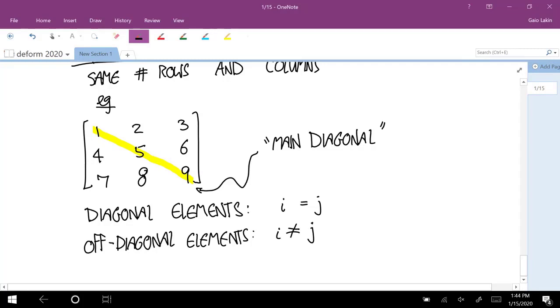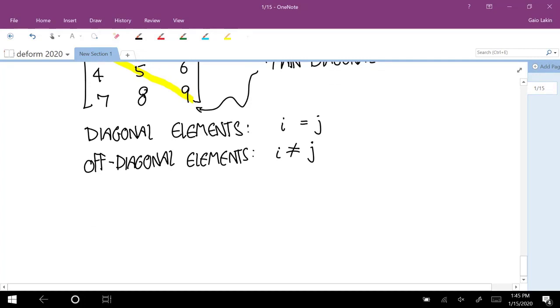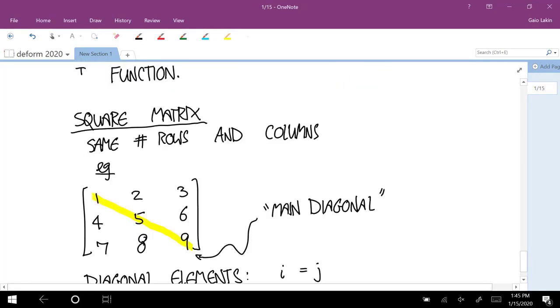It's going to turn out with the matrices that we deal with, there are fundamental differences between the diagonal elements and the off-diagonal elements. So we'll interpret these in different ways. This is true of all square matrices.